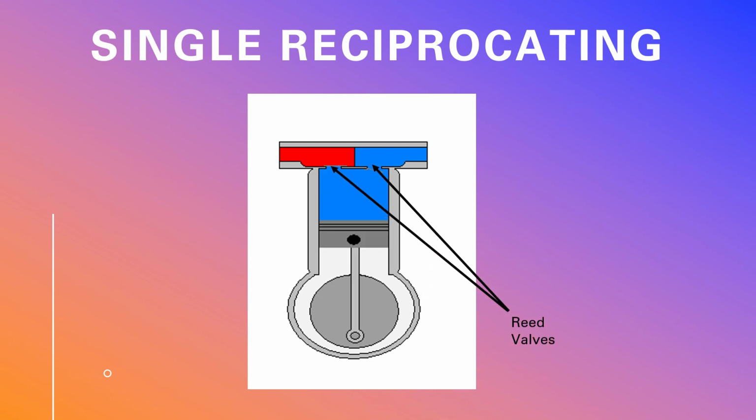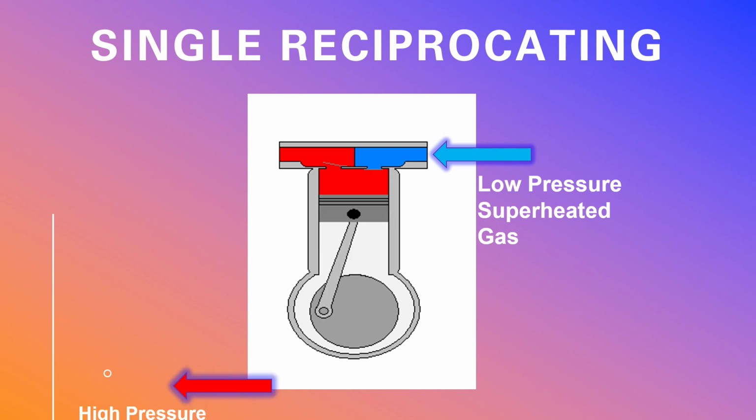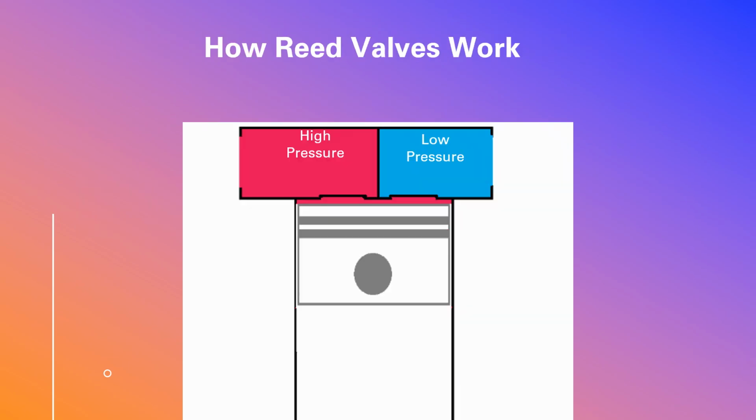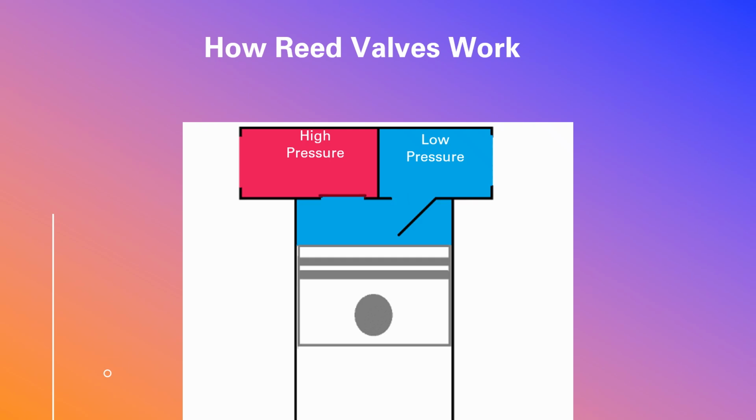So if we have a look here at this diagram, it shows a single reciprocating compressor. There you have the reed valves, one for the suction, one for the discharge. And the low pressure superheated gas comes in, and hopefully the high pressure, high temperature superheated gas goes out. Now, this is how reed valves work.